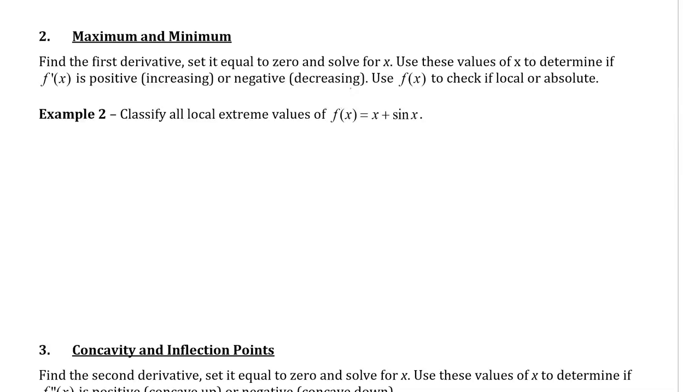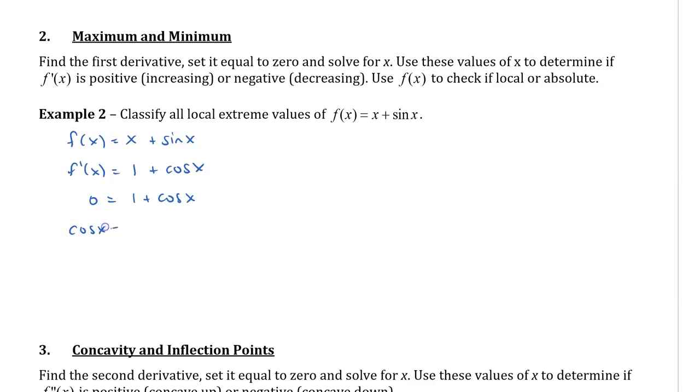Here it's asking us to classify all the local extreme values of f of x equals x plus sine x. So we need to find the first derivative. We get 1 plus cos x. Set this equal to 0.